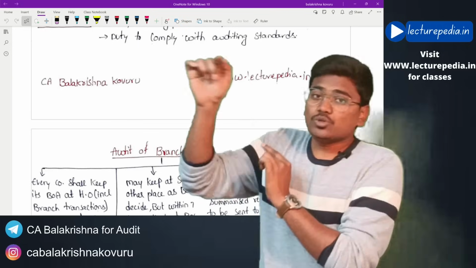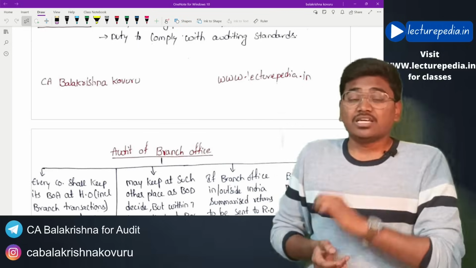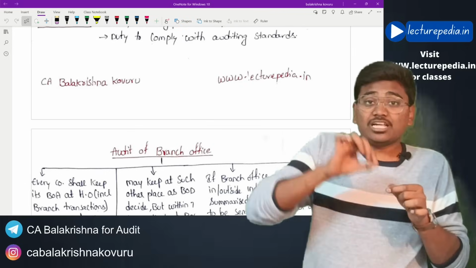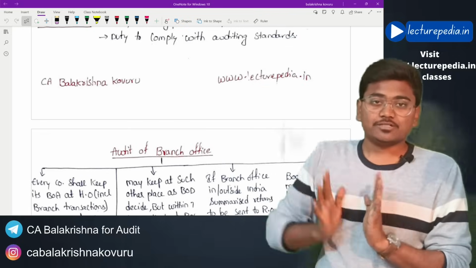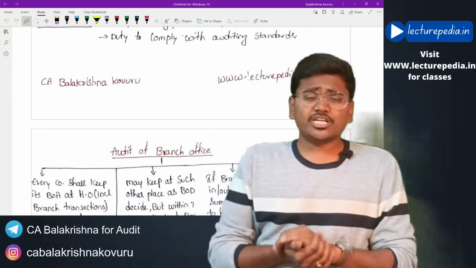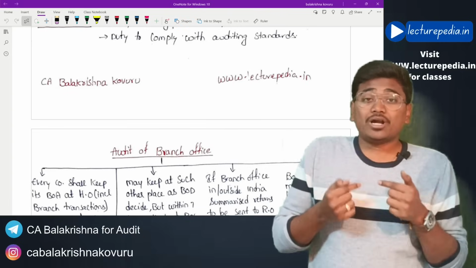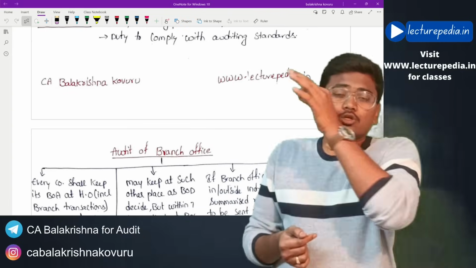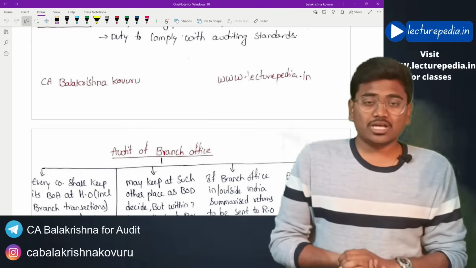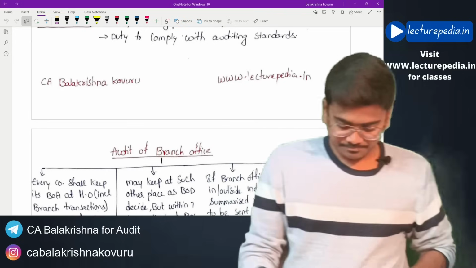Once they give their reply within 45 days, within the next 15 days he has to forward his report and the reply of the audit committee or board of directors to the central government. If the audit committee does not give a reply, then after completing 45 days, the auditor has to forward only his report to the central government. This is the fraud reporting that has to be done by the auditor.